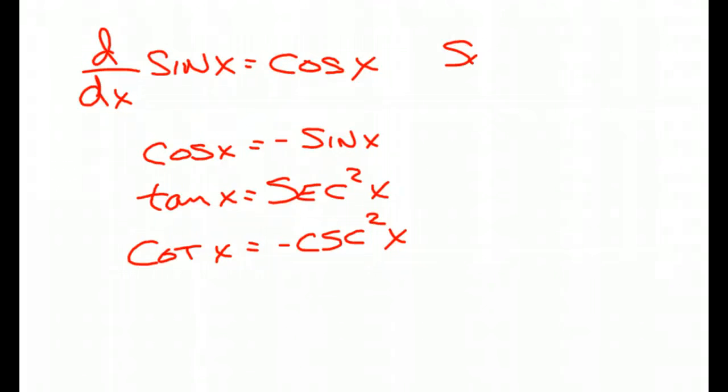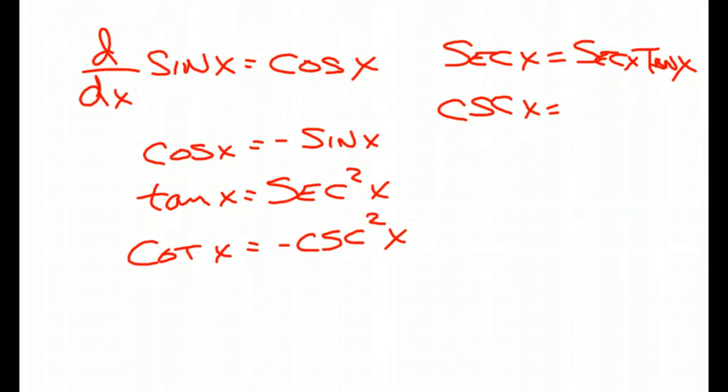The derivative of the secant of x equals secant of x tangent of x. And finally, the derivative of the cosecant of x equals negative cosecant of x cotangent of x. Okay, so that's all you need as far as derivatives to make your life happy and productive.